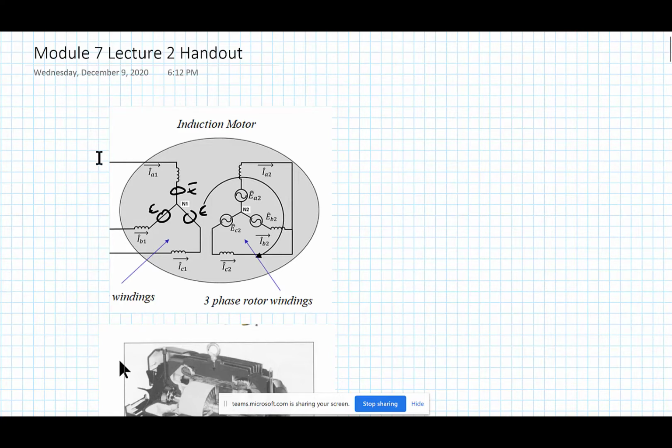What happens is if you apply a three-phase voltage to the armature winding, it creates a rotating MMF that induces voltages, EA2, EB2, EC2, into the rotor and causes currents to flow. Then there's the interaction between the torque produced by the current in the rotor, the MMF and the flux.